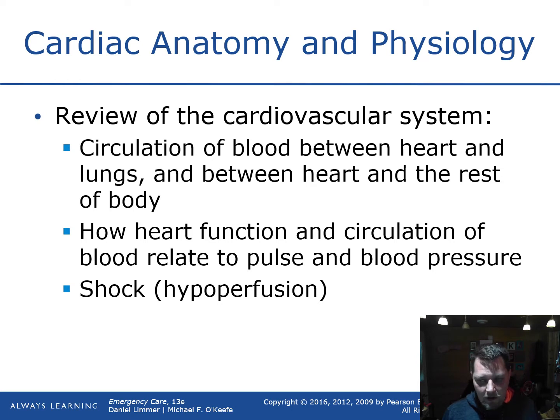So the pulse is how many beats per minute, the electrical system, that the body is producing. Blood pressure is how much ejection is coming out of the heart. Okay, does that make sense? So pulse is electrical and blood pressure is plumbing. All right.